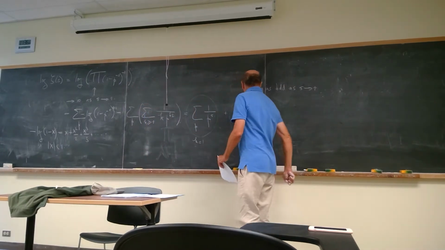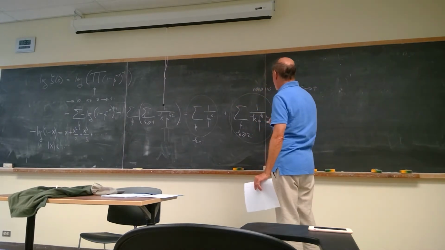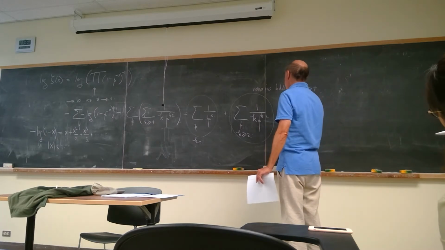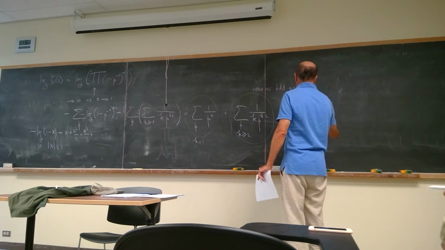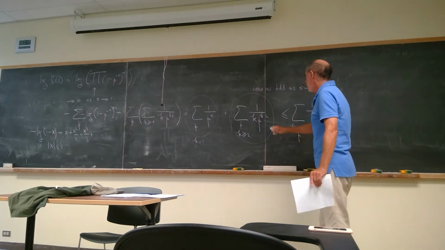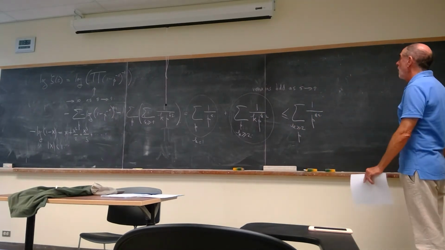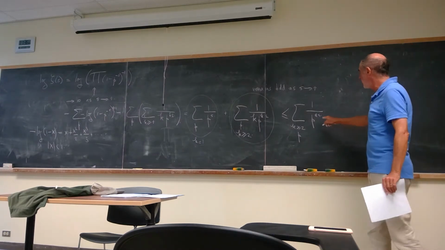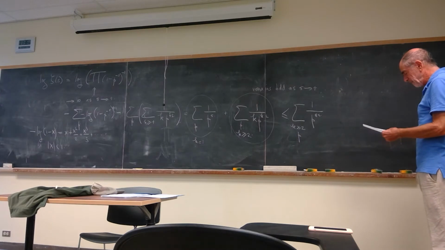Well, whatever this is, in absolute value, it's certainly bounded by the series sum of 1 over p to the ks, for k greater than or equal to 2 and primes p, because dividing by a number bigger than 1 only makes the terms smaller. So if we can show that this series is bounded as s goes to 1, we're in good shape.